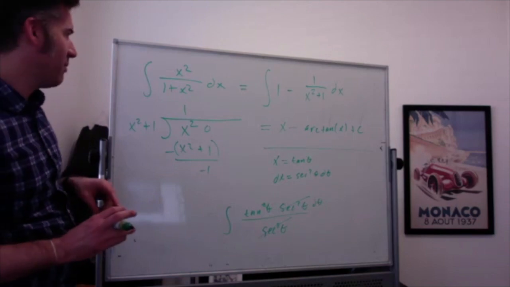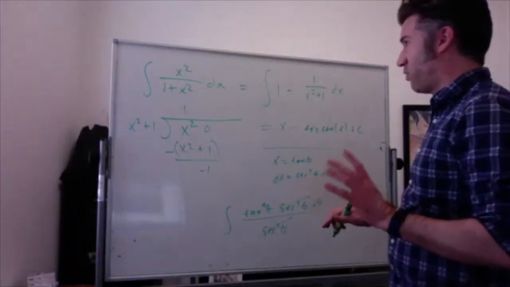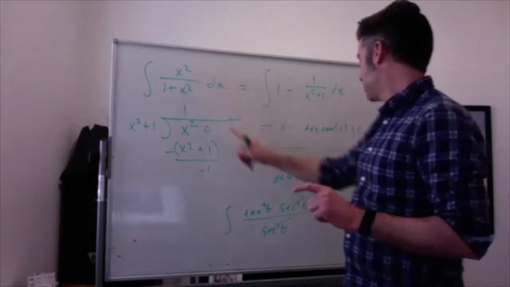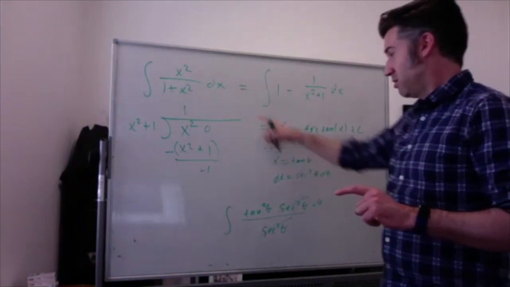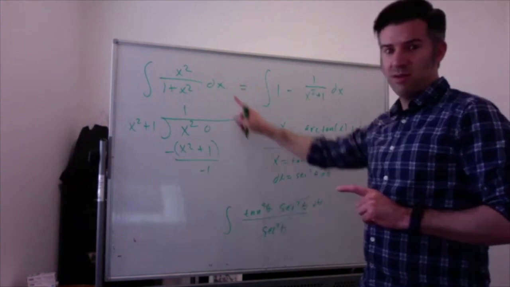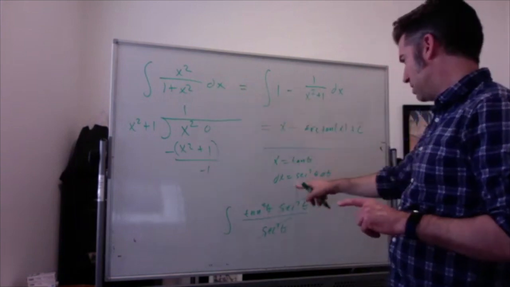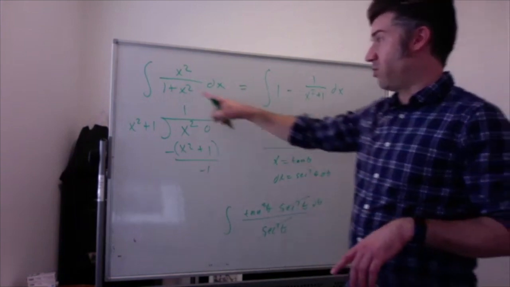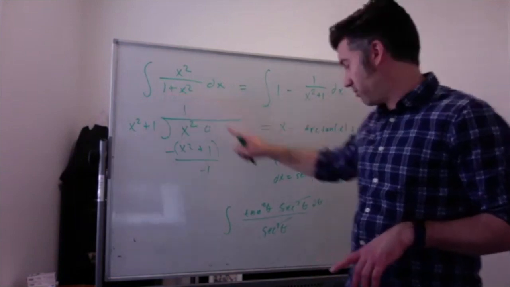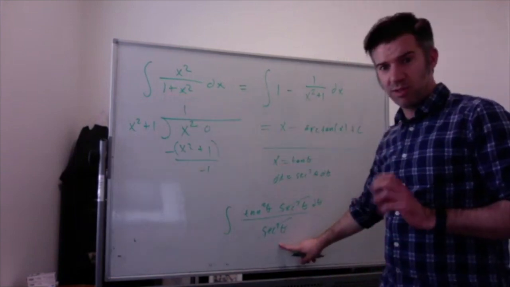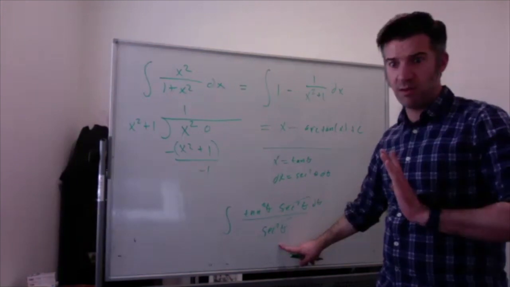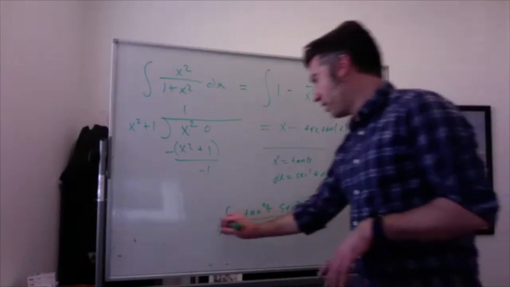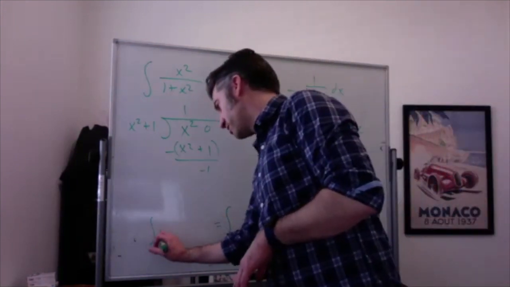Did I forget to square it? I might have forgotten to square it. I don't think I forgot to square it. So I'm doing the trig sub. X is tangent. X squared is tangent squared. Dx is secant squared. And 1 plus tangent squared on the bottom is secant squared. So now I think I'm good. I think I'm right. So then the question is, how do you integrate tangent squared?